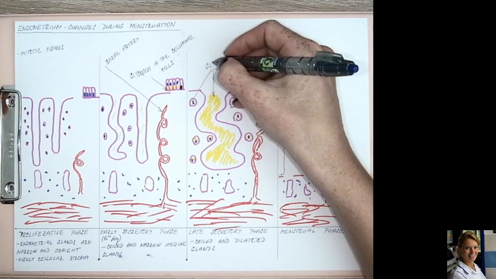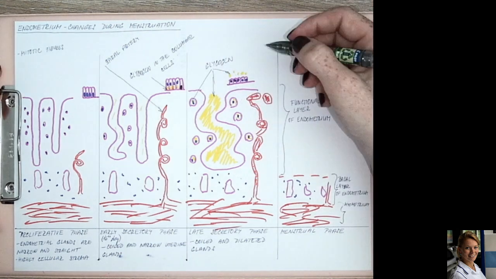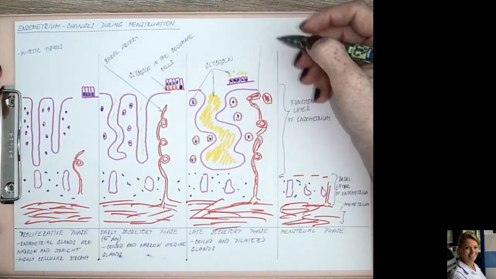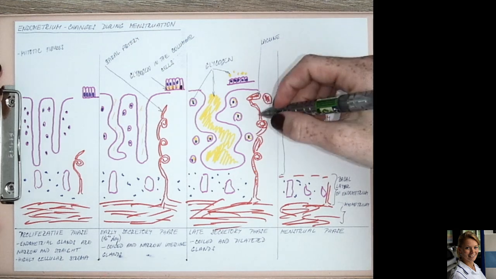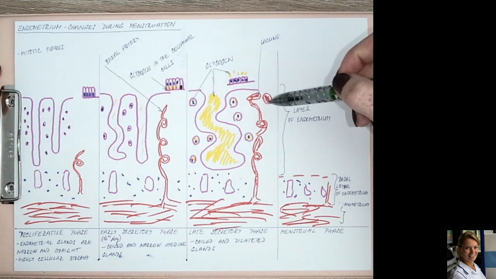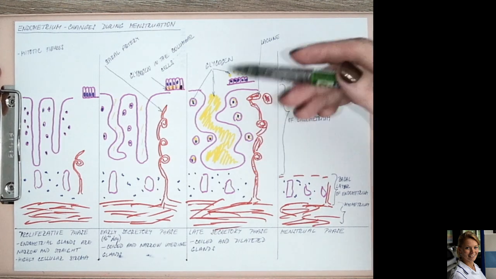So this is glycogen. This is the lacune filled by blood and spiral artery.